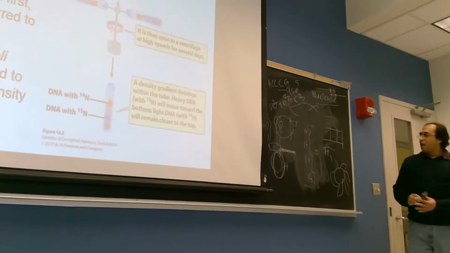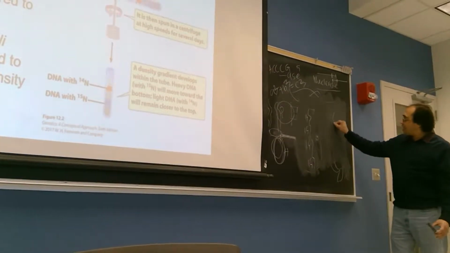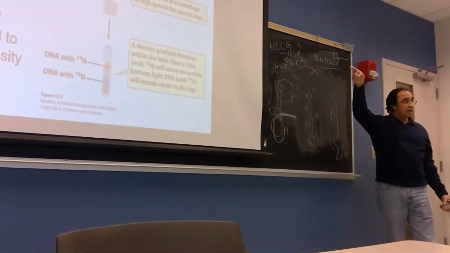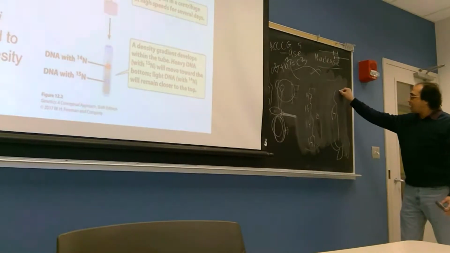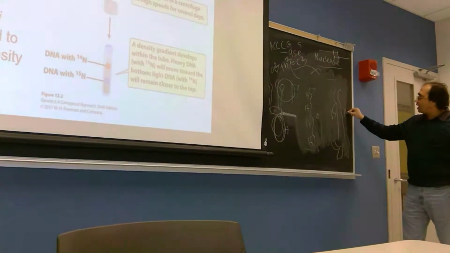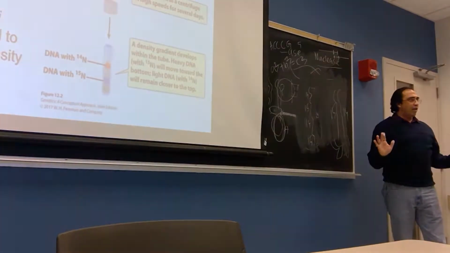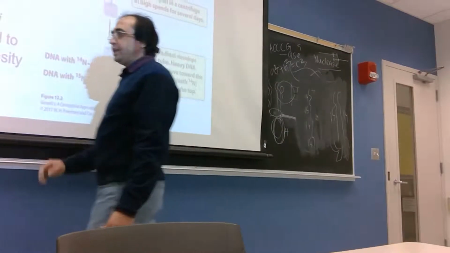If it is semi-conservative, then one DNA is 15N, the parental DNA, because it was cultured first in 15N media. One DNA should contain all the 15N part. Another DNA, the new DNA, would contain the 14N. Right? So this is our initial stage of the experiment.